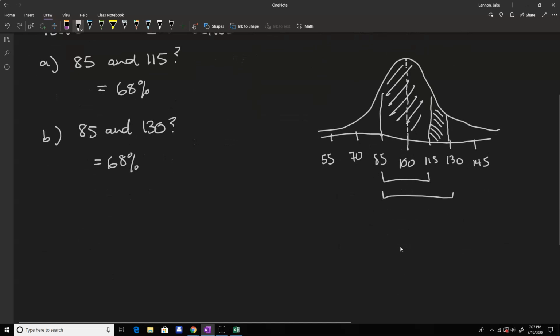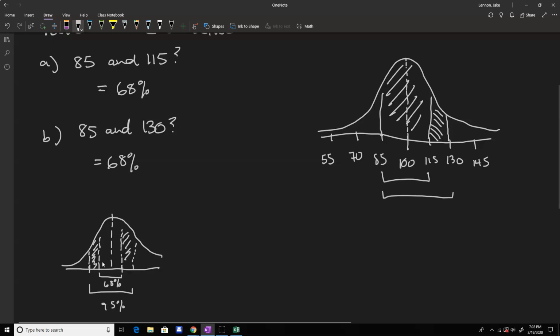If I can convince you with a picture, if we did 2 above to 2 below, from here to here, this is 95%. But from here to here was only 68%. So if you did 95 minus 68, you would be getting these 2 sections.